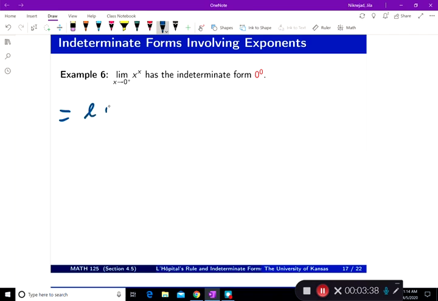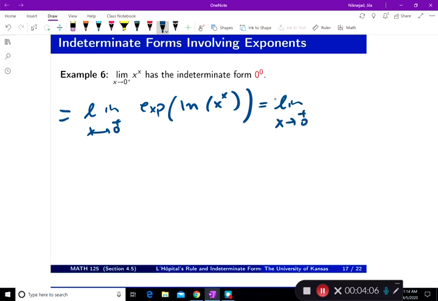Let's write down the limit, and then write down exponential of natural log of x to the power x. We haven't changed anything, because exponential and natural log are inverses of each other. Now let's use our exponential laws. It becomes exponential of x natural log of x.